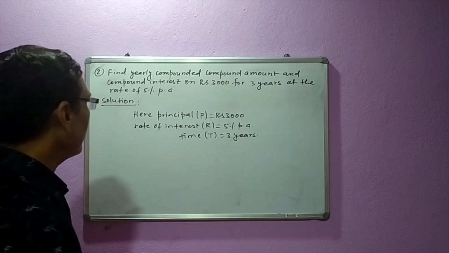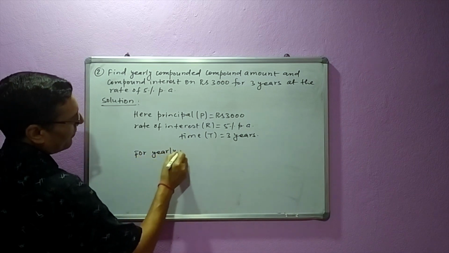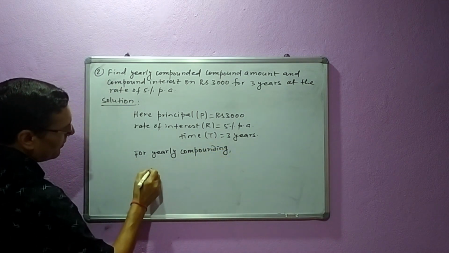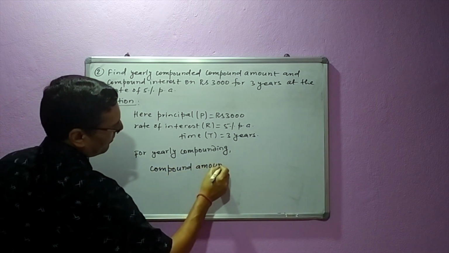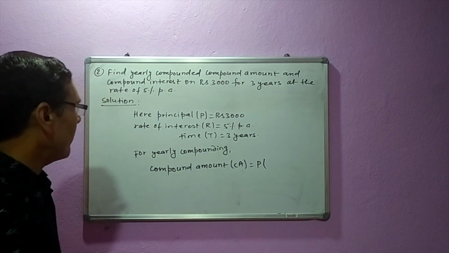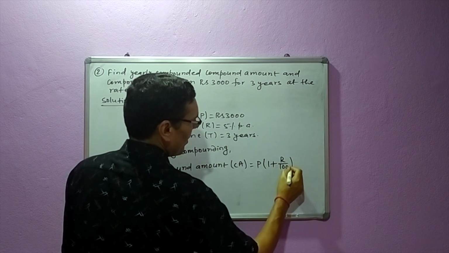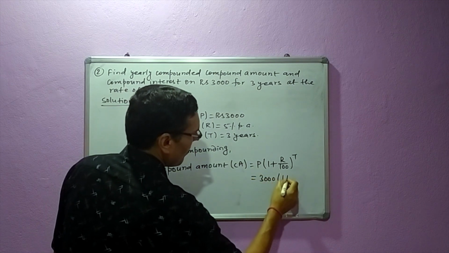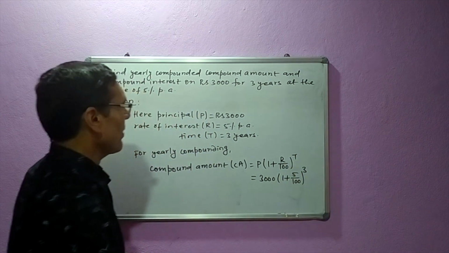First I am finding the compound amount. So for yearly compounding, compound amount C is equal to, the formula to calculate the compound amount for yearly compounding is P times 1 plus R upon 100 to the power T. So P is rupees 3,000, 1 plus 5 upon 100 to the power 3. Time is 3 years.